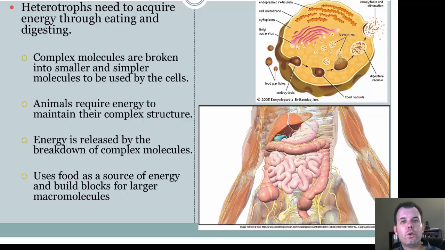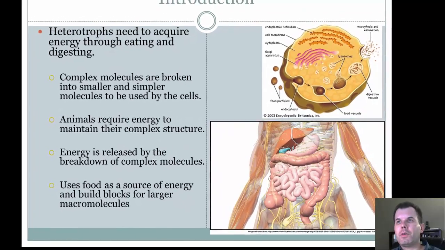And again, food is used as a source of energy and to build building blocks for larger macromolecules as well. So it's not all about using it up for energy. A lot of the food we use is to store and also to build things like proteins, amino acids, nucleic acids, and things like that for things that we need in the future. Okay, so we're a thriving community of digestion with our cells, not only using it for energy, but also for building things up as well.